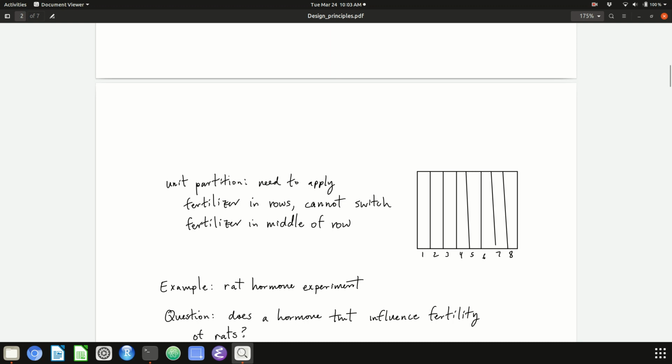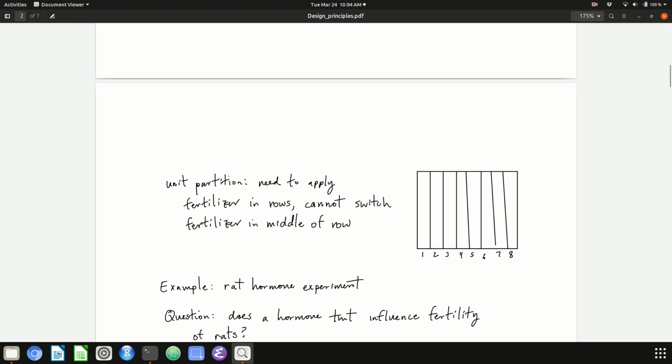So for that reason, it would be much more convenient if you divided the field into a partition of rows, and it also would be annoying if you had to stop in the middle of a row, switch the spreader to a different fertilizer, and then restart and move along the row.